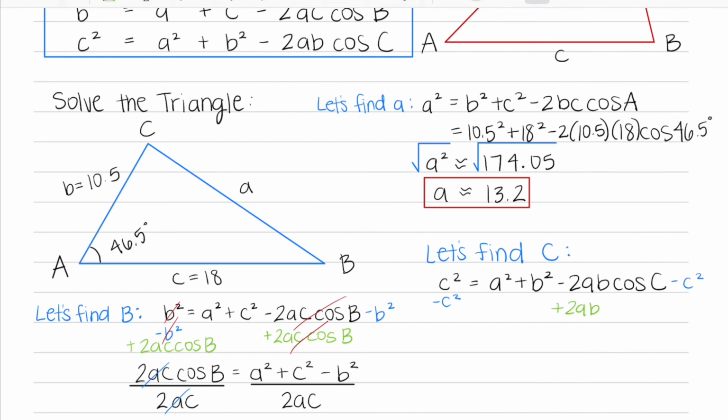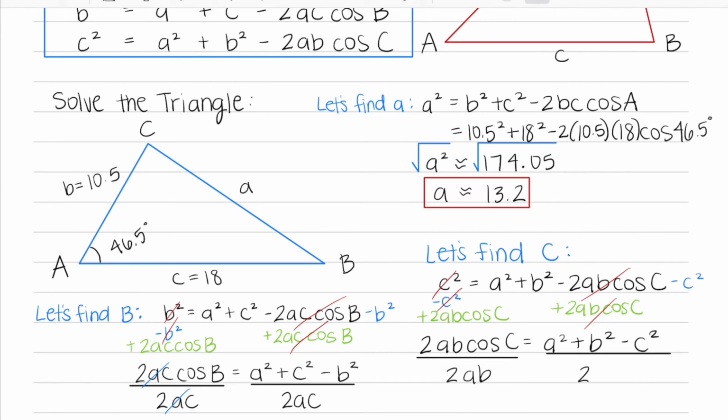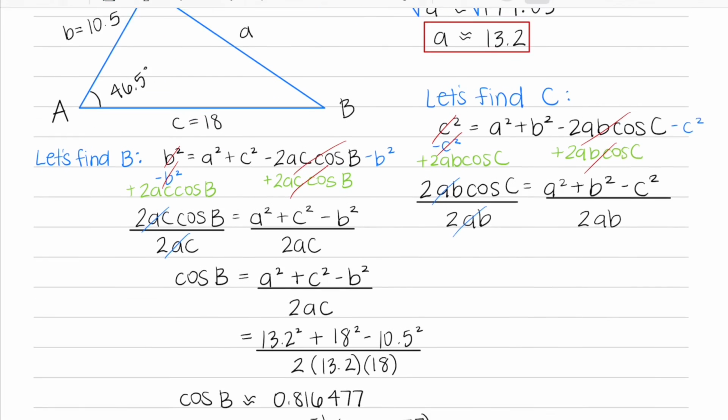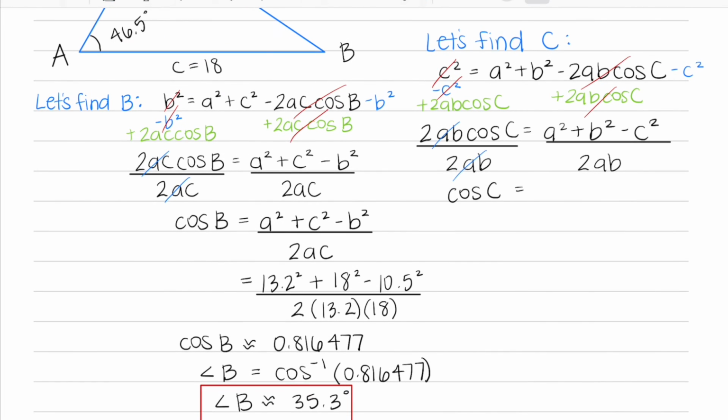And let's add that 2ab cosine C to the left. So now we're left with 2ab cosine C equals a squared plus b squared minus c squared. And let's get that cosine C alone. So let's divide by 2ab. So now we have cosine C equals a squared plus b squared minus c squared over 2ab.